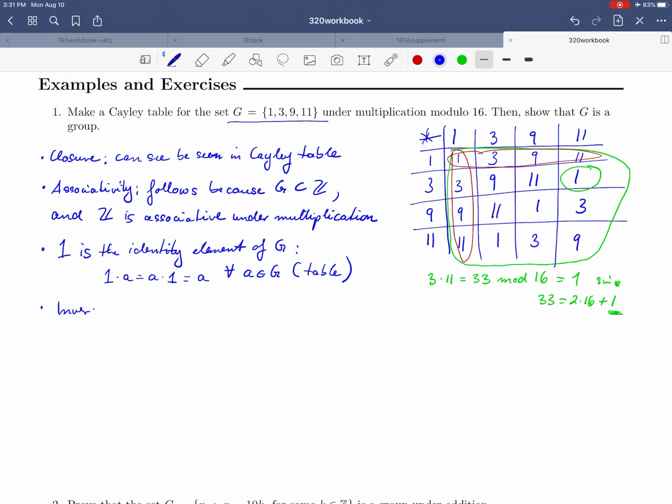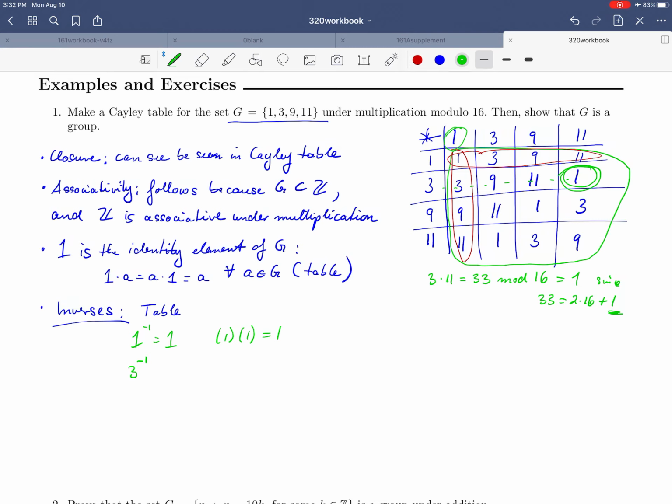Now, do we have inverses? Again, let's look at the table. Let's look at 1. Is there something we can multiply by 1 to get 1? Yes, that would be 1. So the inverse of 1 is just 1, because 1 times 1 is equal to 1. What about 3? What is 3 inverse?